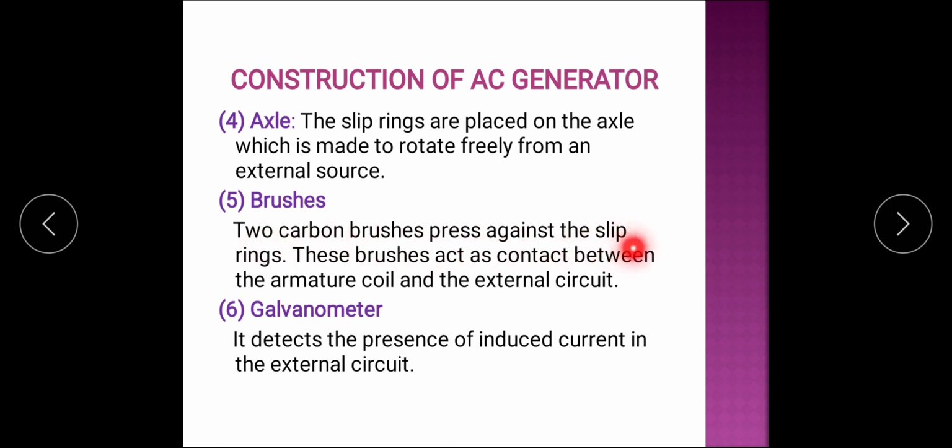We have two carbon brushes which are pressed against the slip rings. These brushes act as a contact between the armature coil and the external circuit. And the last main component of the AC generator is the galvanometer, which detects the presence of induced current in it.